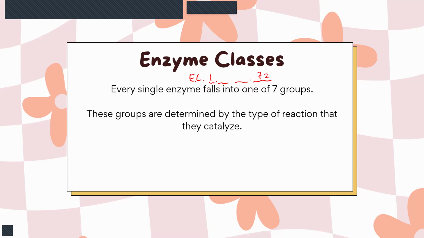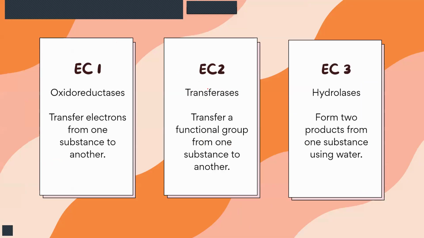So our first number tells us that the enzyme is an oxidoreductase or a transferase or a hydrolase. So every single enzyme is going to be, okay, EC 1, and then the second digit would say something like, this is an enzyme that acts on carbonyl groups. So this tells us a little bit more about that specific enzyme.